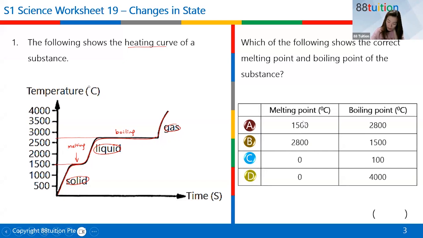This is the melting point. So it's 1,500 degrees. Boiling point is in between 2,500 and 3,000. This is the only option, 2,800, even though it didn't really look like 2,800 to me. It's like 2,700 instead, but this is the closest. That's why we choose this as our answer, A.